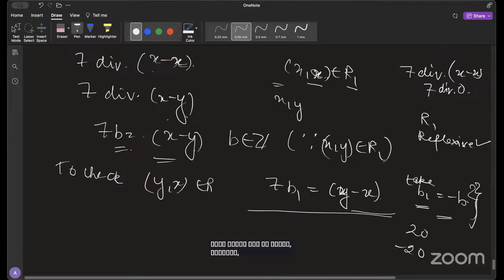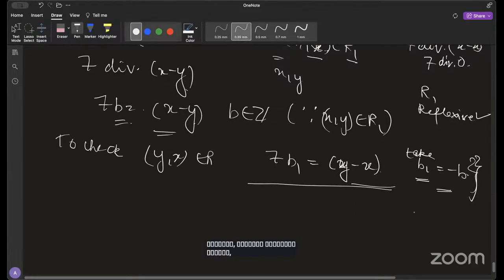Otherwise, everyone just knows that if A divides B, then A also divides minus B. So if your XY is in the relation, YX is also in the relation. I hope this part is clear. That's why it's a symmetric relation too.